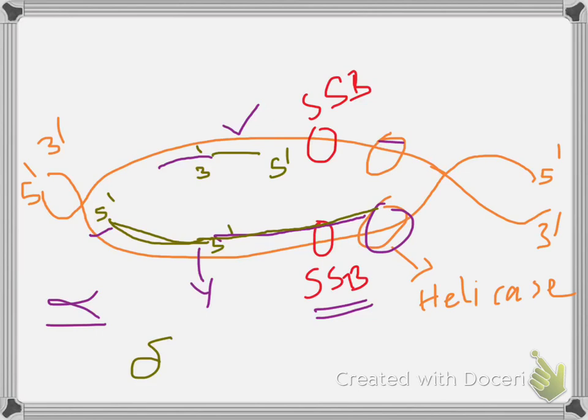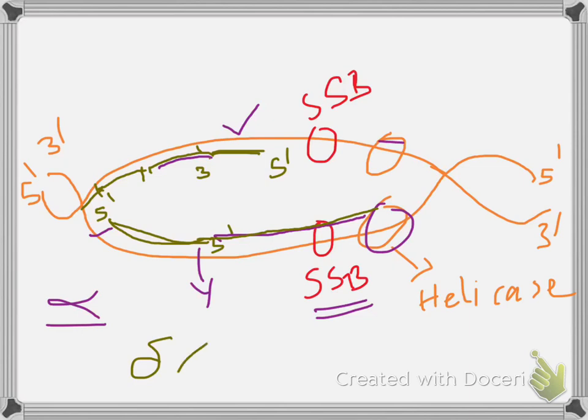But in this case, the RNA primer is added first, then the nucleotides are added by DNA polymerase delta, then again the RNA primer is added by DNA polymerase alpha, then the nucleotides are added by DNA polymerase delta.